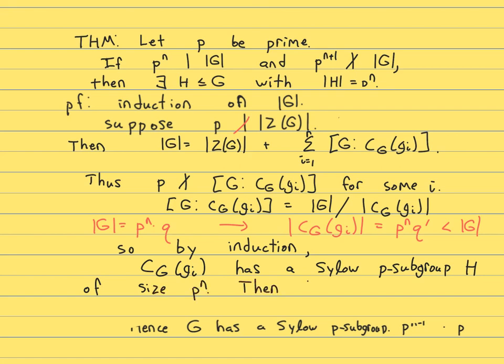But H is a subgroup of the centralizer, which is a subgroup of G. So now G has a subgroup of the right size. And there we have it. So for any prime divisor, take the largest power such that that prime power divides your group, you're guaranteed to have a subgroup of that size.